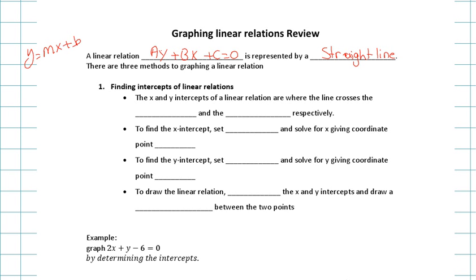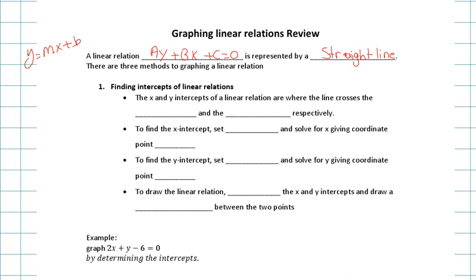What does a slope mean? When you're looking at a line, what does the slope mean? It's part of the equation of the line, and it's the incline of the line. So it's how steep is the line.